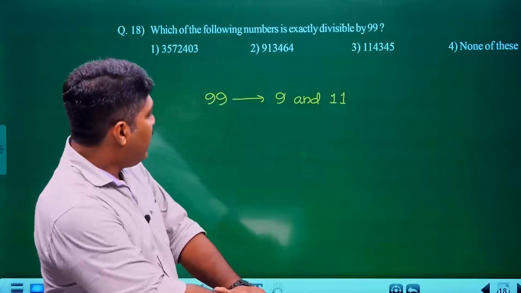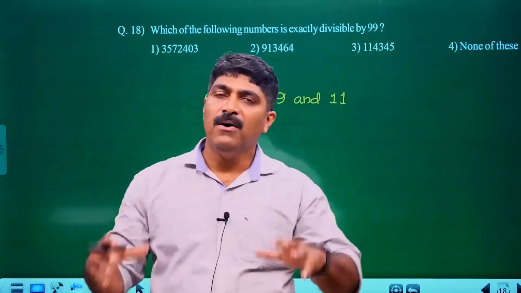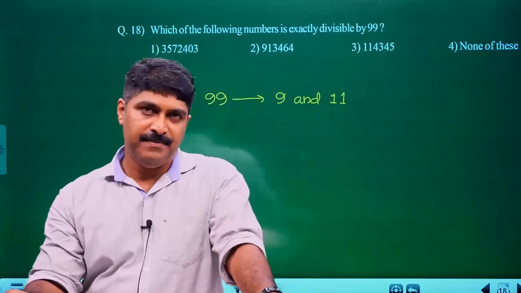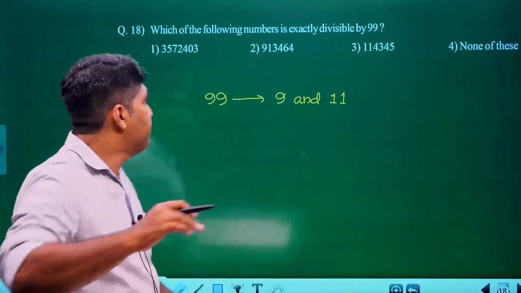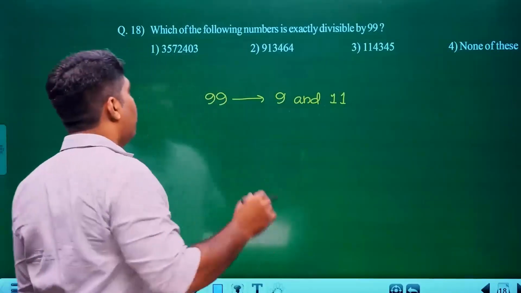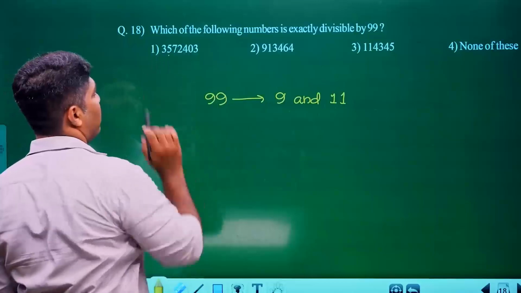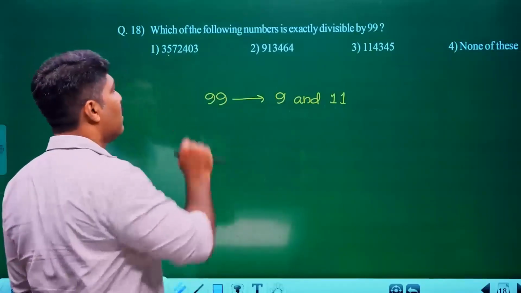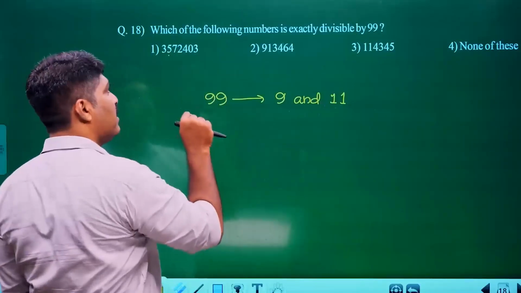The divisibility rule for 9 is simply that the sum of the digits in the given number should be divisible by 9. So here we can check the sum of the digits of this number. Adding 3 plus 5, that's equal to 8. 8 plus 7, 15. Plus 2, 17.